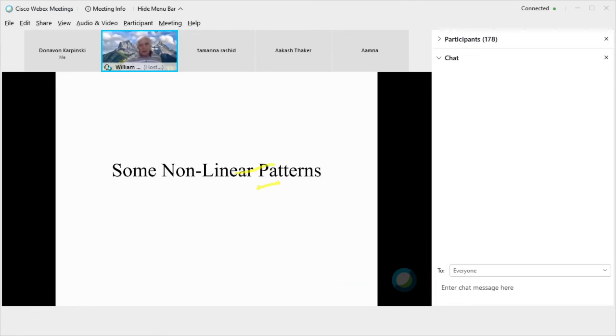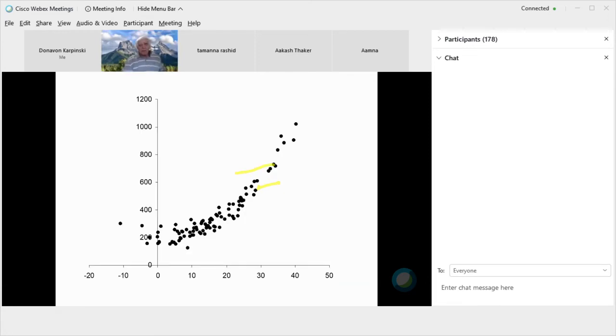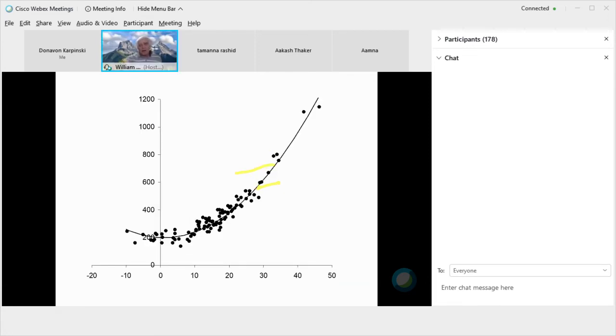Some nonlinear patterns. This is falling about not a straight line, but a parabola. The rate of increase in y is changing. It's going up at a much higher rate here.